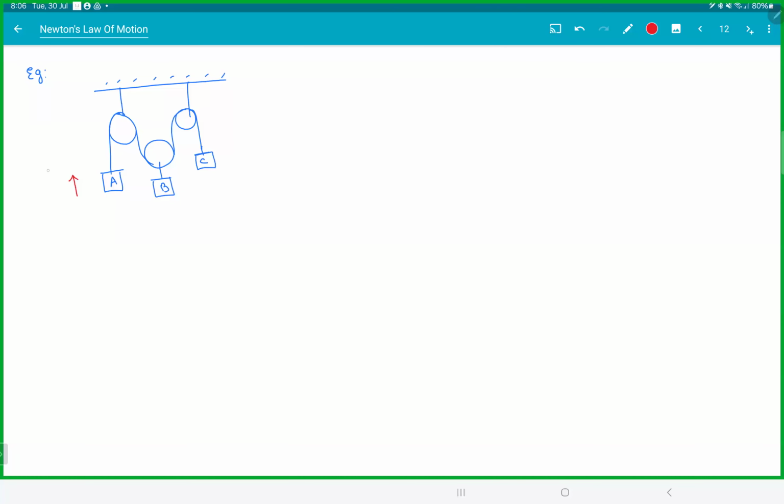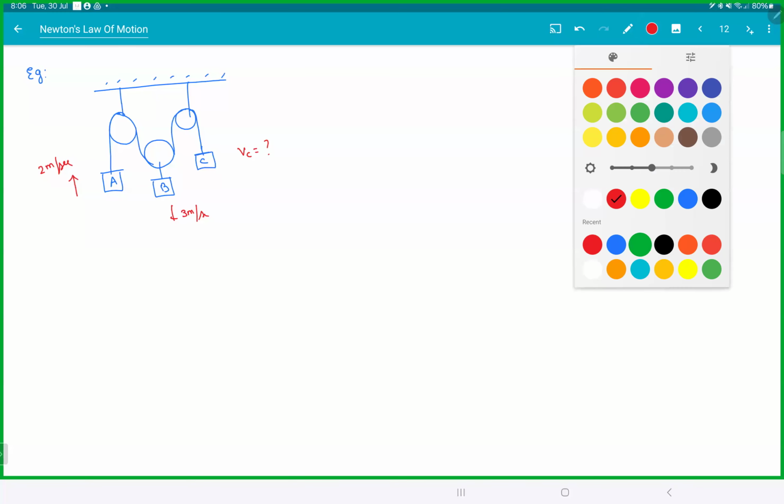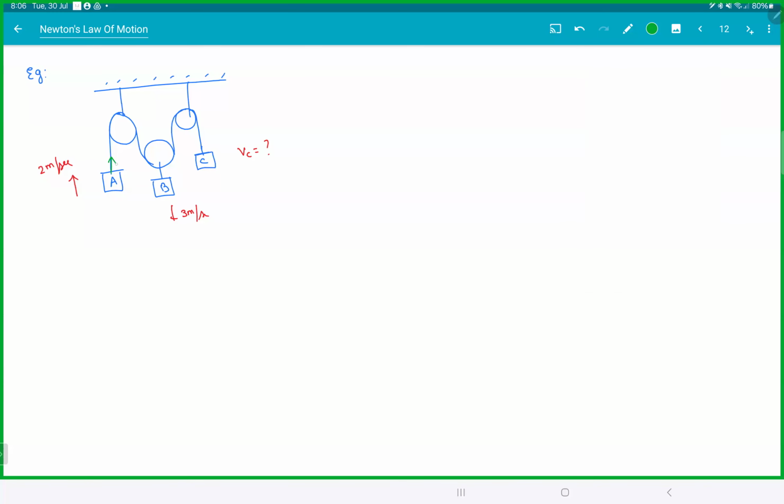Let's say this is going with 2 meters per second, this is going with 3 meters per second, and this is VC. Step 1, find the tensions in the string. This entire thing is the same string, so this would be tension T, this would be tension T, this would be tension T.